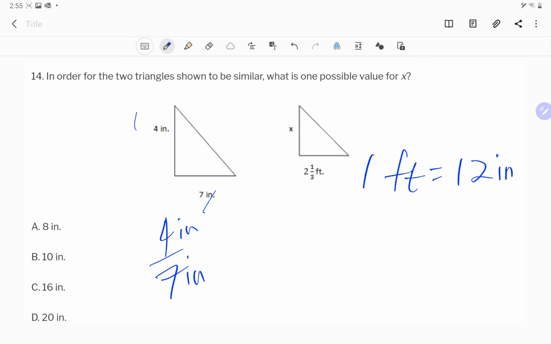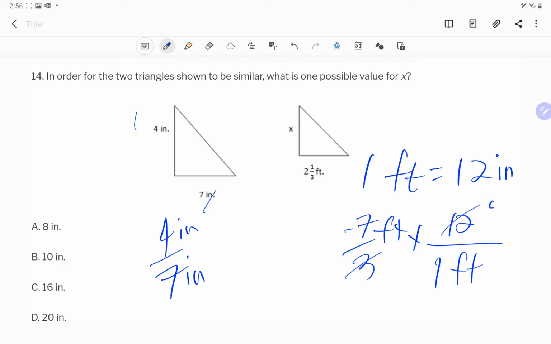We've got 2 1/3 feet here. That is the same as 7/3 feet times 12, since 1 foot is equal to 12 inches. So we can just multiply 7 times, okay, let's divide this one first.